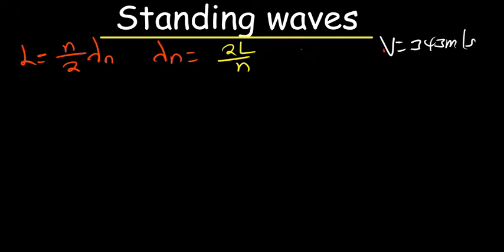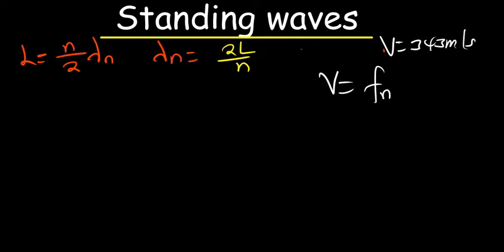Okay, now another thing which you have to know is that we want to find the fundamental frequency, since we have come up with the formula for the lambda. So V is equal to the frequency times lambda. Now the fundamental frequency, we don't know whether we are talking about the first overtone, the second overtone, so I'm going to just put f n. So n is the number of loops, because if n is equal to 1, I'm talking about the first fundamental frequency.